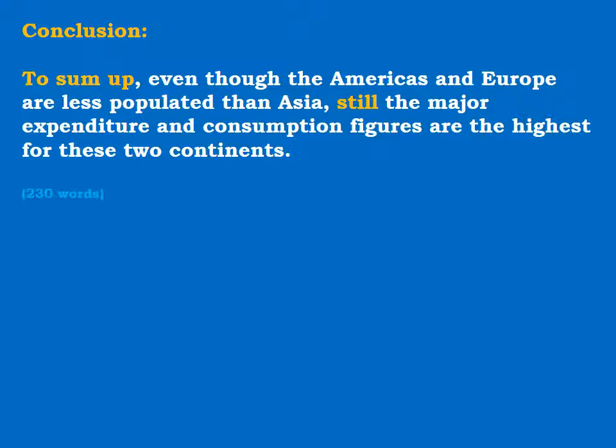He says, even though the Americas and Europe are less populated than Asia, still the major expenditure and consumption figures are the highest for these two continents. When it comes to the consumption of resources, or spending money on certain fields of life, the people of America and Europe spend more and consume more of the resources.